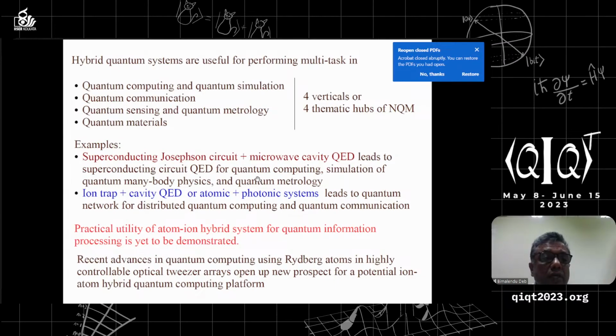Among hybrid systems, one can say that superconducting circuit QED is a hybrid system, because one can integrate a superconducting Josephson circuit and microwave cavity QED. Microwave photons, unlike optical photons, one can control, and one can make a good cavity with a very high quality factor.